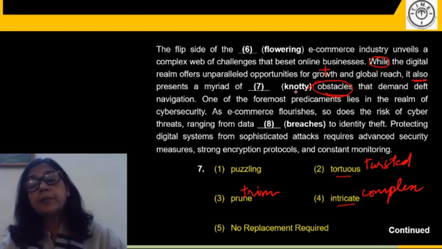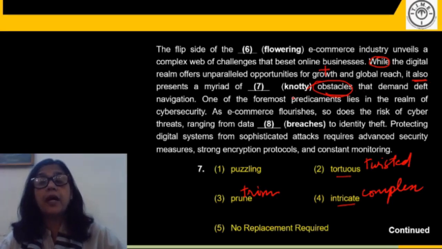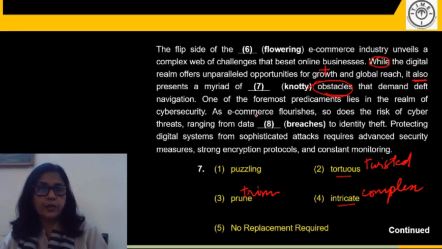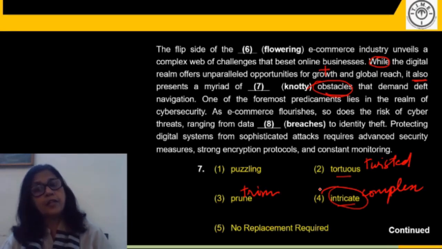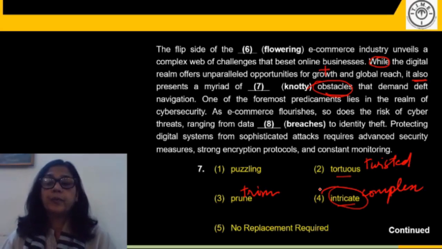It also presents a myriad of dash obstacles that demand deft navigation. So deft navigation required for intricate obstacles, complex, difficult to understand, difficult to work through. Right? So this is the best fit over here. Yes, something that is complicated.